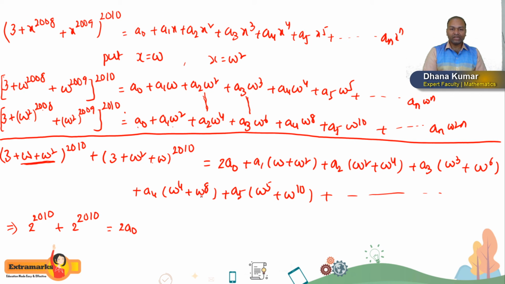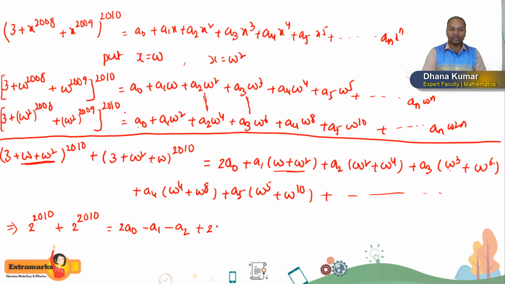Okay, next coming to this one, omega plus omega square, value is minus 1. So minus 1. Here omega power 4 means omega only. Omega plus omega square minus 1. Minus 1 into a2, minus a2. Similarly, here omega cube 1. 6 is 3 multiple only, so this value also 1. 1 plus 1, 2.